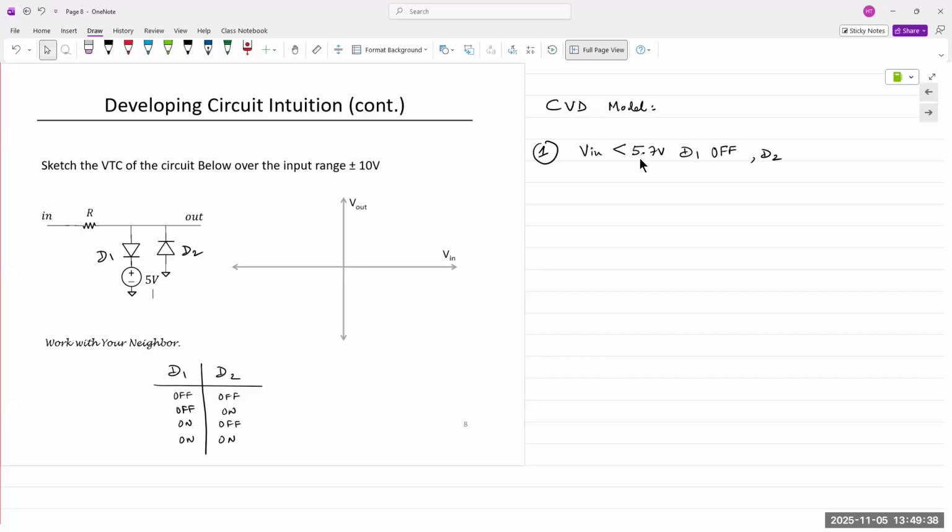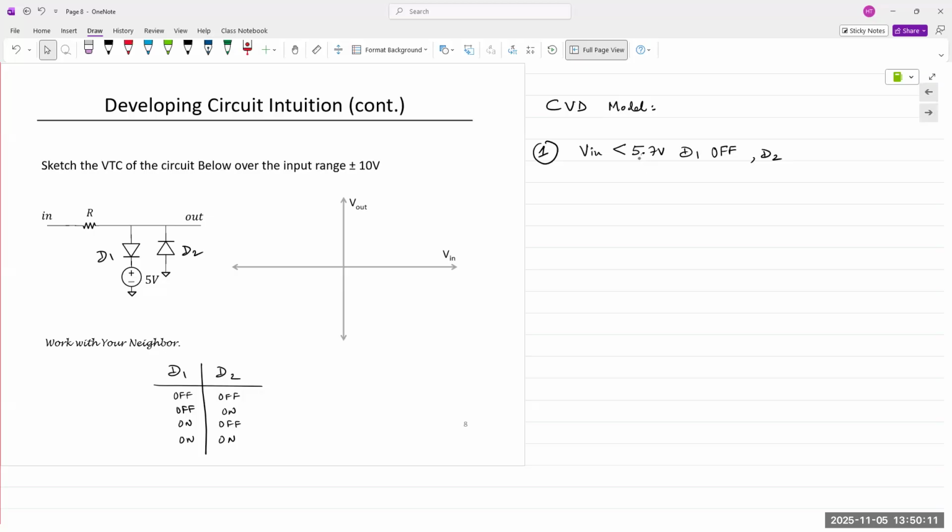The anode of D2 is connected to ground, which means the anode is held at constant, but what value? 0. Absolutely, you're right. So D2 anode is at 0, meaning in order for D2 to turn on, what must be true about the cathode? It needs to go negative by how much? 0.7 volts.